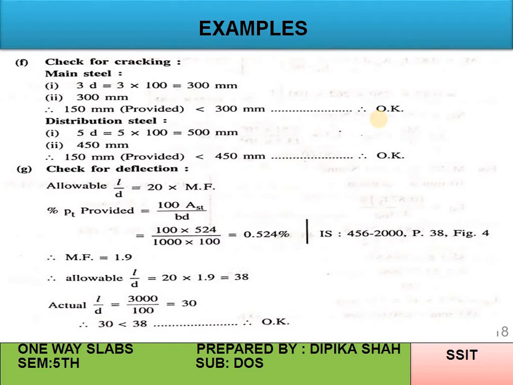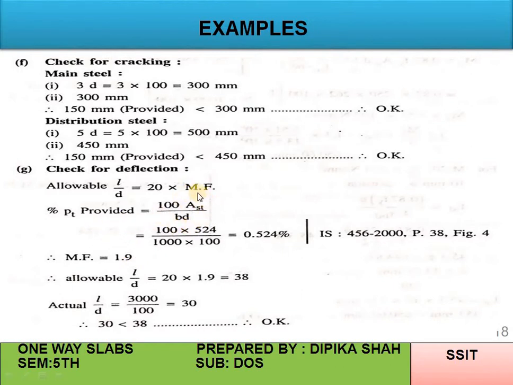So for allowable L by D, first of all we will find the value of MF. The value of MF we can find from page number 38, figure number 4. For that we have to check our provided percentage of steel, which we can find from 100 AST upon BD.